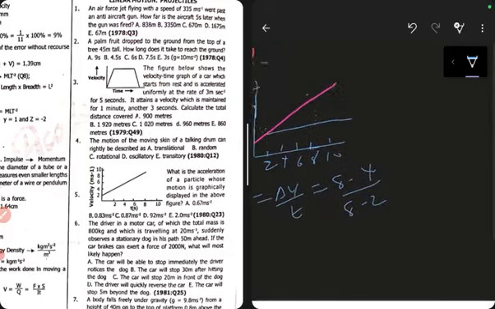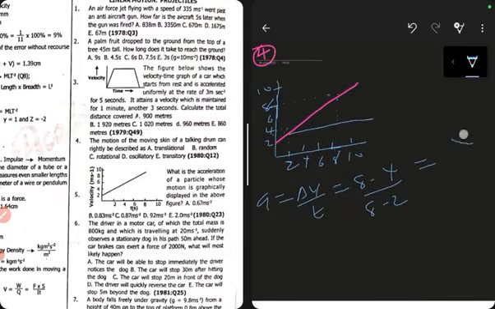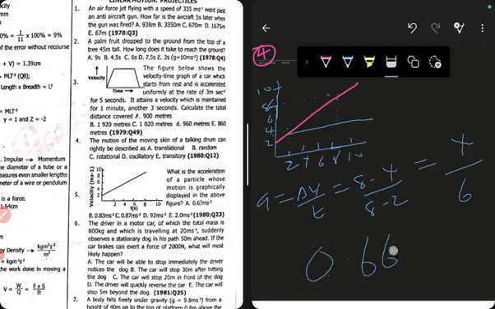So 8 minus 4 is 4, divided by 8 minus 2, which is 6. Let me do that on my hand calculator. 8 minus 4 is 4, divided by 6. You can cross-check with me on your calculator. So 4 divided by 6 is 0.6666. Okay, that matches option A. 0.666, which is 0.67. And that's how you look for the acceleration.